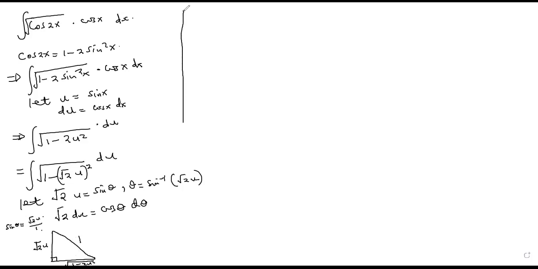So here, from this point, our du is going to be equal to 1 over root 2 cos theta d theta.